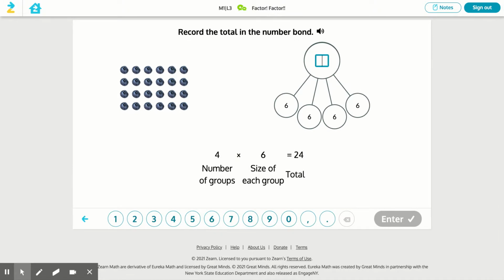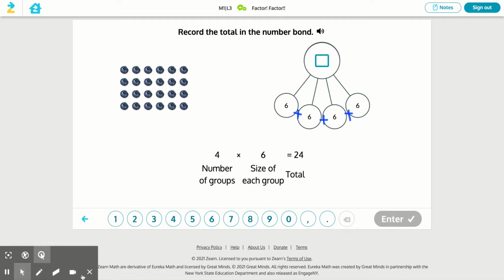So remember, the total goes in the top of our number bond. We have 4 groups of 6. And so if we were doing repeated addition, which is basically what multiplication is, we will be adding each of these 6s together. So please tell me what number goes in the top of our number bond.